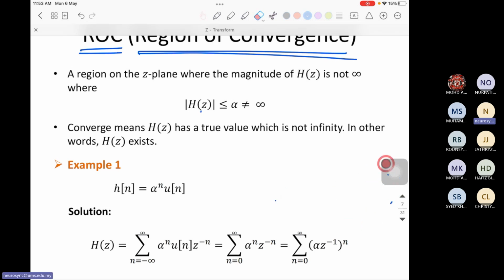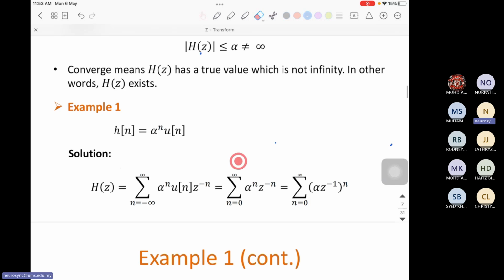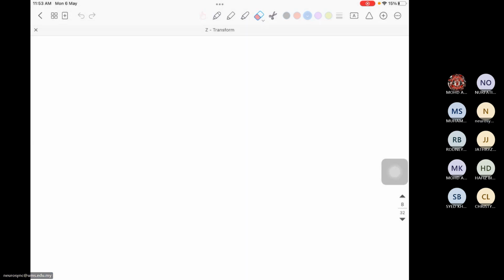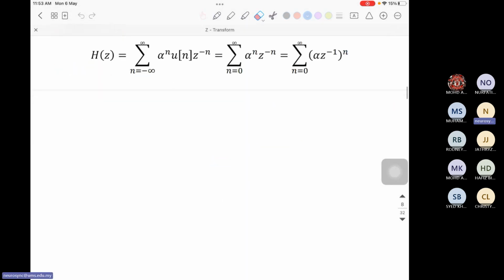Before going towards the first example, let us check the Z transform of the delta function. Let us say I have x of n equal to delta of n.